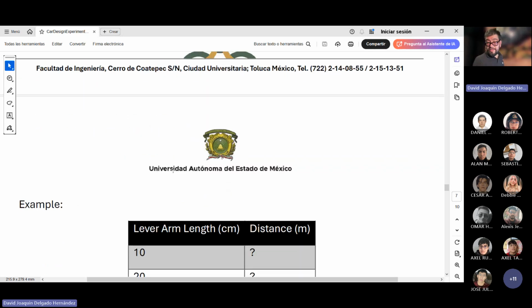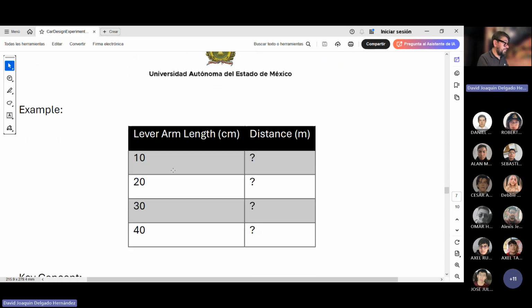It is like the exercise that we did now in the MATLAB, okay? We start increasing the number of levels and you could see how the figure was changing. So for instance, you can have these 4 different lever arm lengths, 10, 20, 30 or 40 centimeters, and you record the distance that the car is moving.